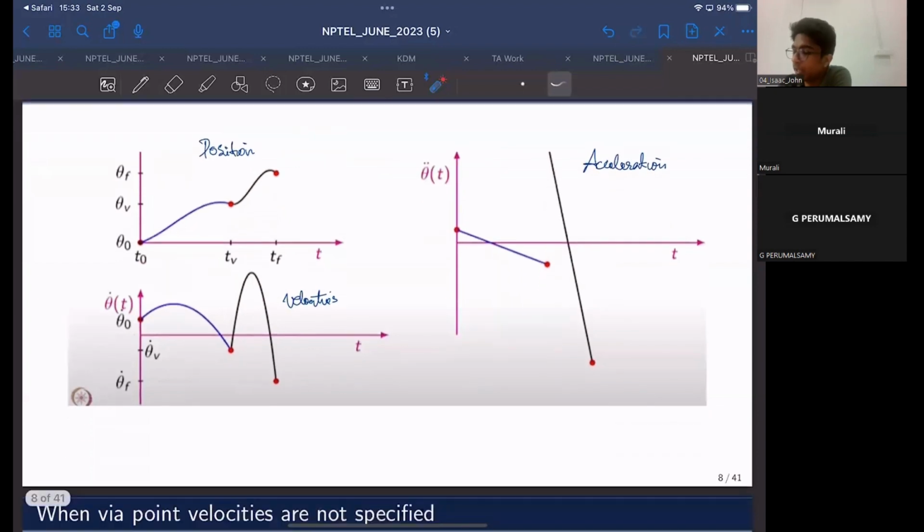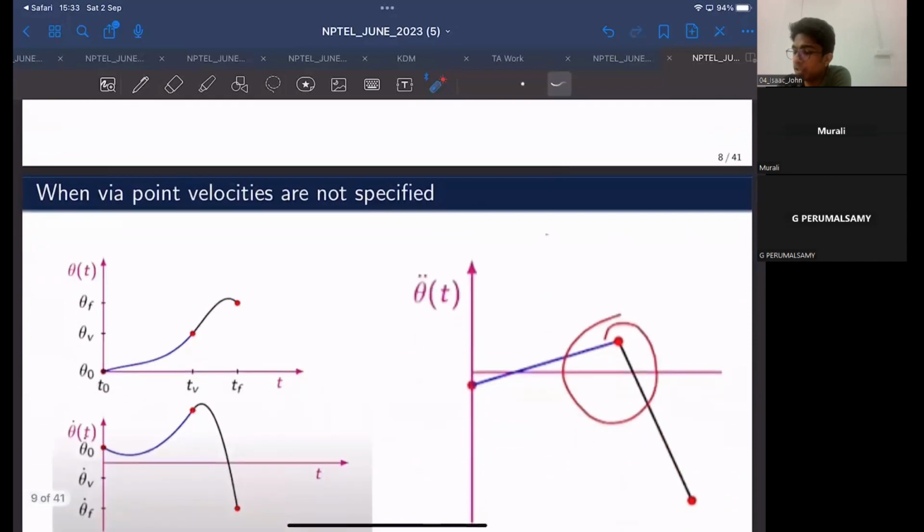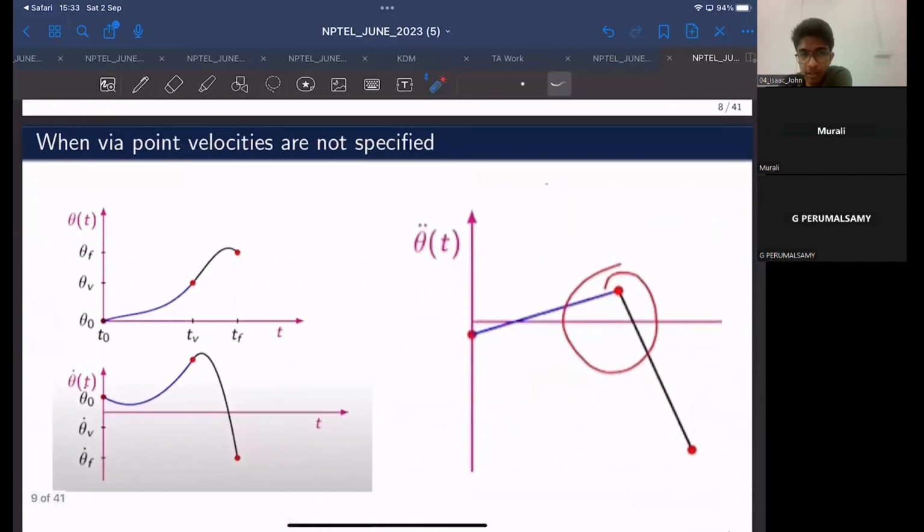Whereas if you take a look at the case where the via point velocities are not specified, you can see that this would be your initial position, this will be your goal position, and this is your via point. And you can see how the velocities vary. Here the final velocity of the first segment is considered to be the initial velocity of the second segment.